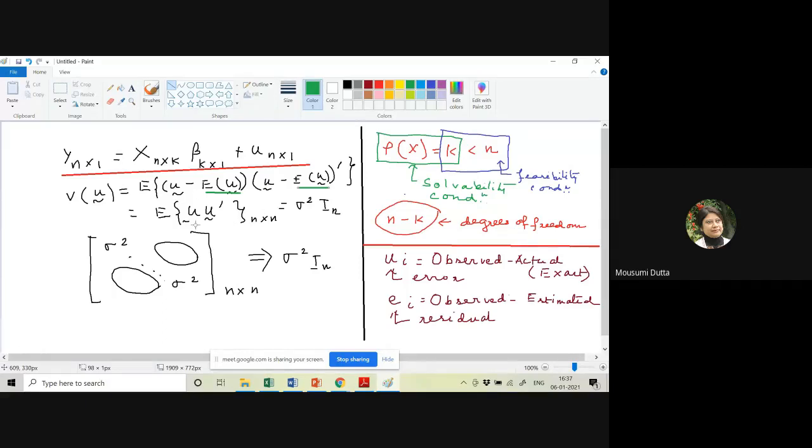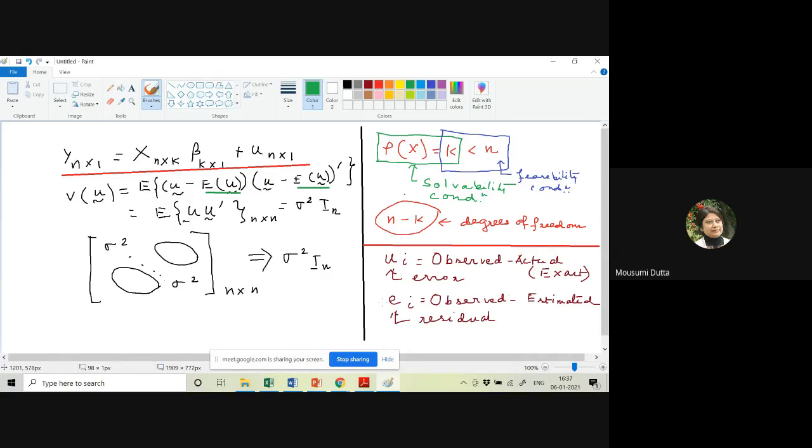So what will be the order of the product? It is n by n. So the order of the variance covariance matrix of the error is n by n.